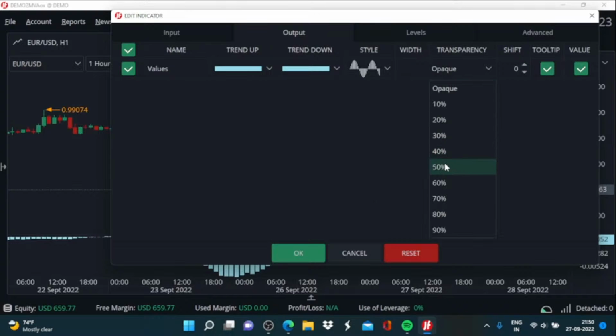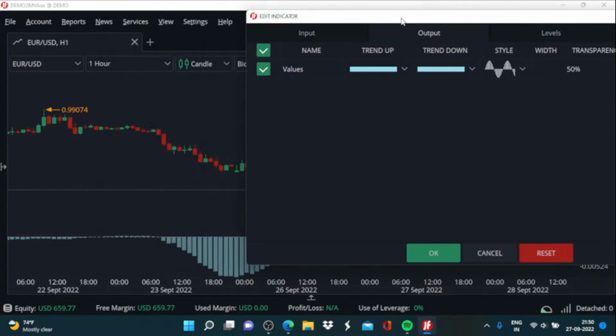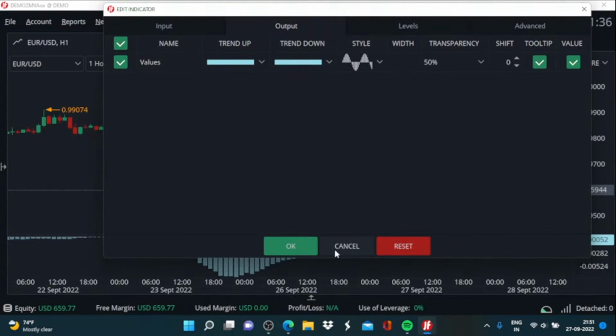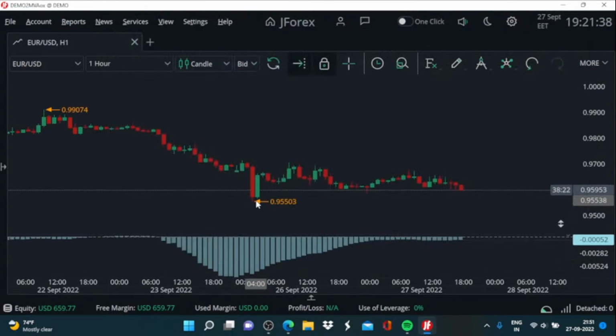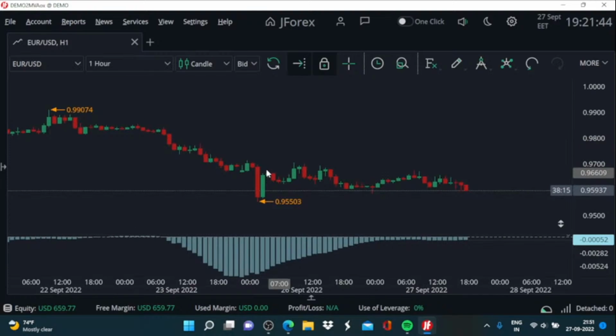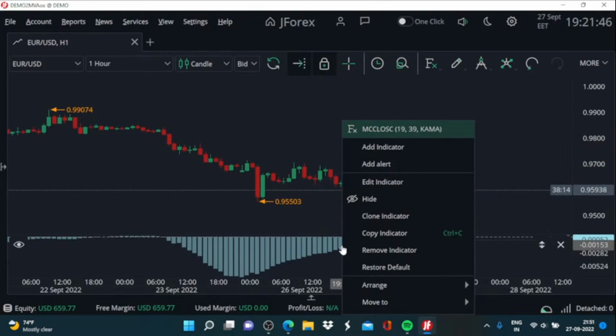And also, if you want the output to look less prominent and more prominence to be given to the price action data, then you can simply go for higher transparency, and you will have this output of the McClellan oscillator appearing in the background, and more prominence will be given to the price action, this candlestick formation.